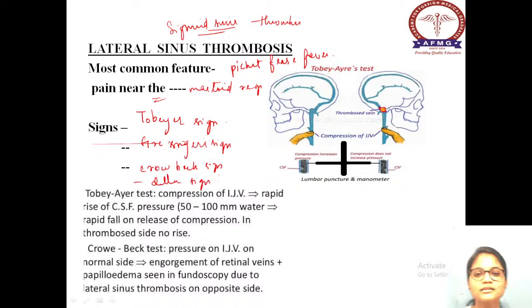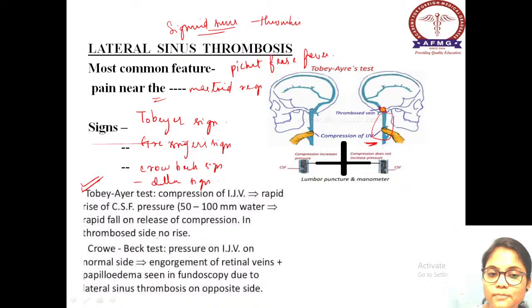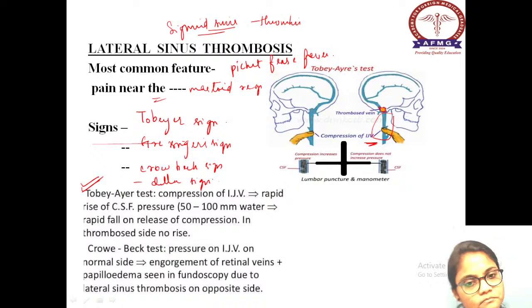When you compress the internal jugular vein, the thrombosed vein which is going in the sinus causes pressure. This pressure is nothing but showing your Tobey-Ayer sign. There is also one more thing. The Tobey-Ayer test will be done whenever there is a problem, on the affected side.